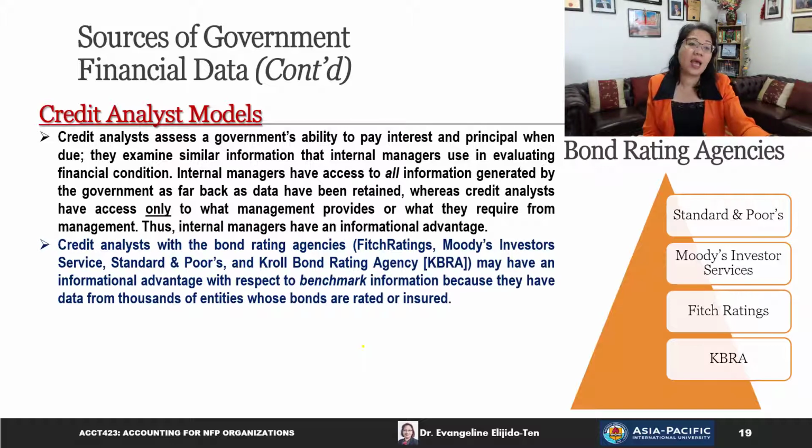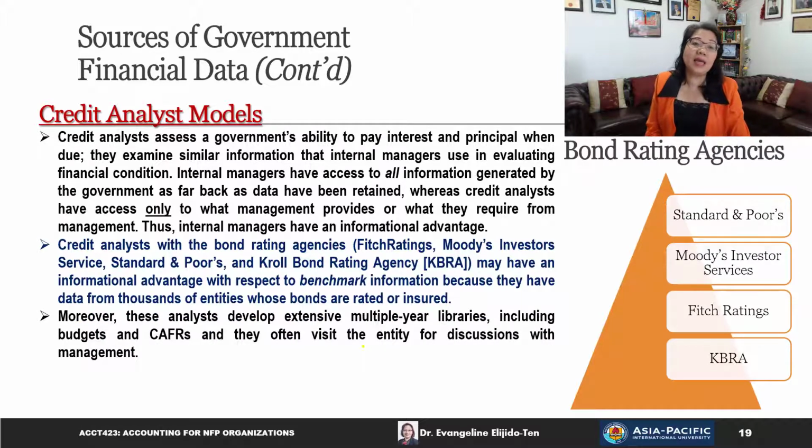However, credit analysts with the bond rating agencies like Fitch Ratings, Moody's, Standard & Poor's, and KBRA, which stands for Kroll Bond Rating Agency, may have an informational advantage too with respect to benchmark information. Why is that? Because they have data from thousands of entities whose bonds are rated or insured.